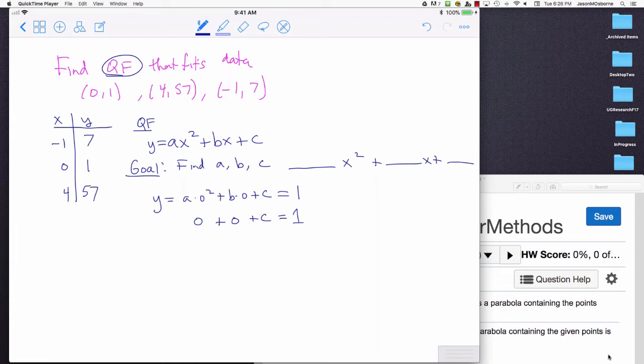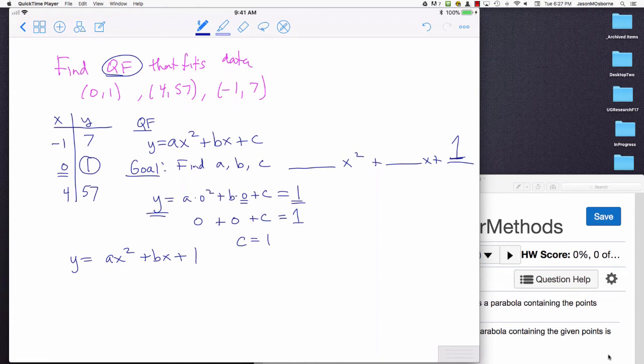So that tells you that the y value, which was supposed to equal 1 when x was equal to 0, tells us that c is equal to 1. So you filled in one of your blanks. You know that c is equal to 1. So now you know that y is equal to ax squared plus bx plus 1.